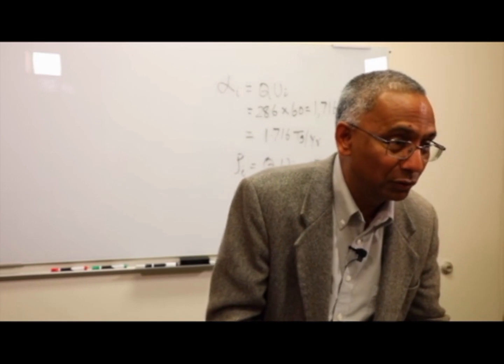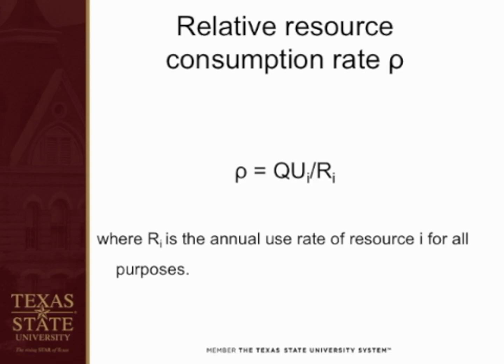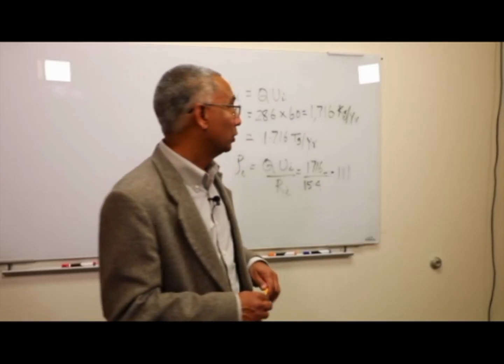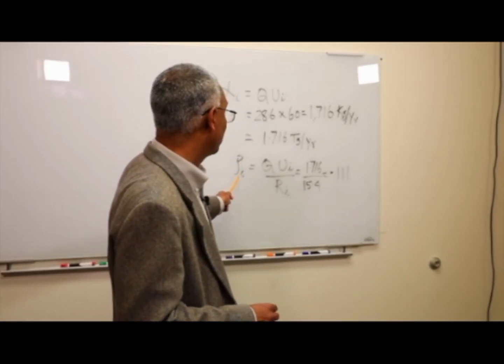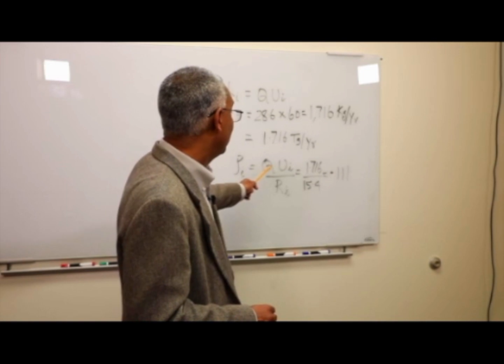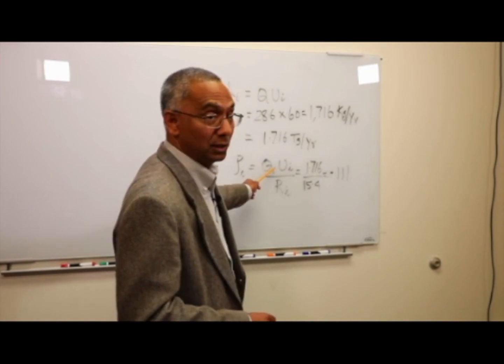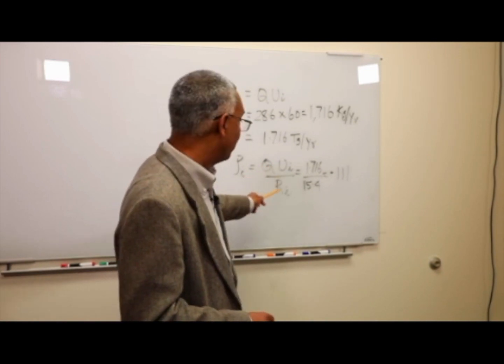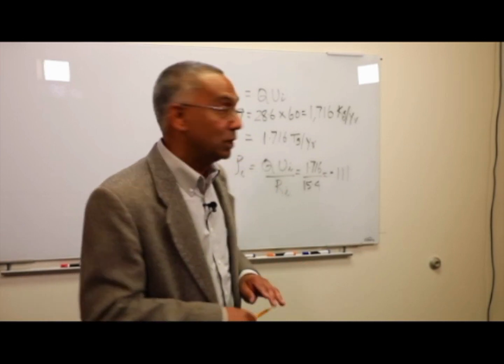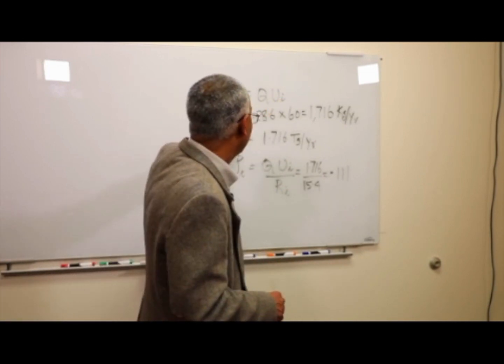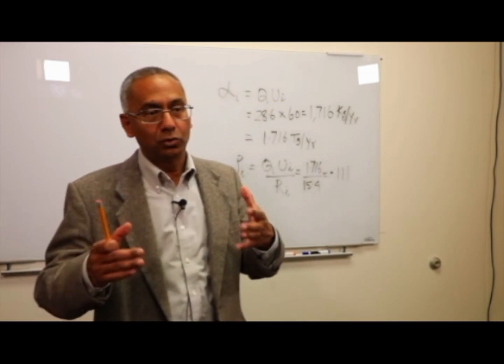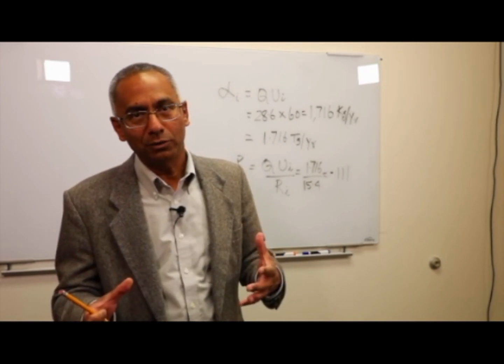Sometimes we find it more useful to talk about relative resource consumption rather than absolute. So you get the relative resource consumption, rho I, when you divide the absolute resource consumption by a term called R I. So here the term I refers to which resource we are talking about, right?